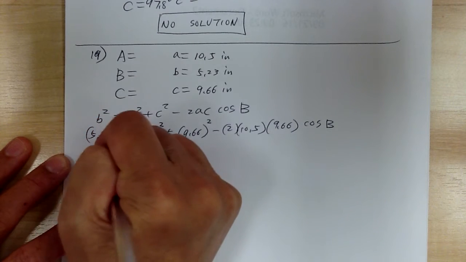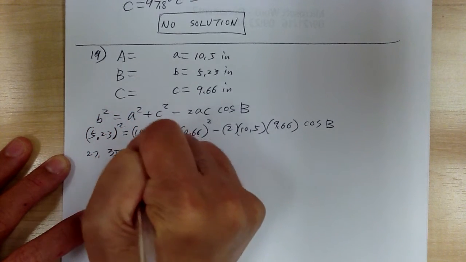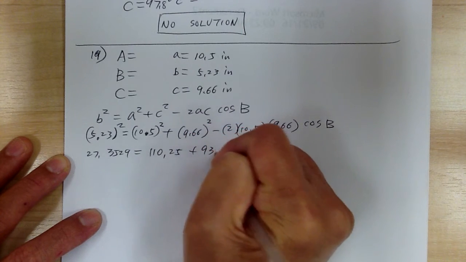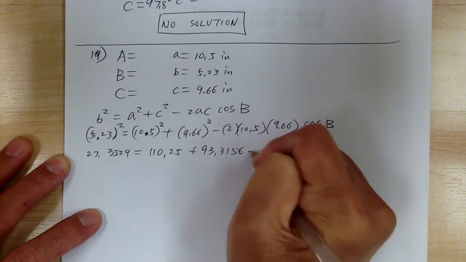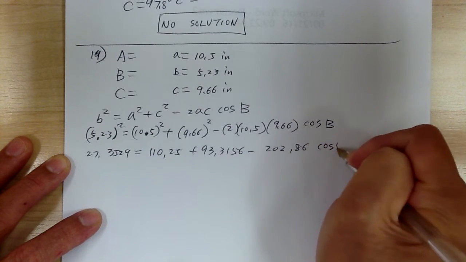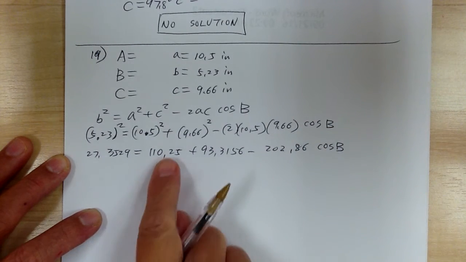You get 27.3529 equal to 110.25 plus 93.3156 minus 202.86 cosine of B. So minus this and minus that.